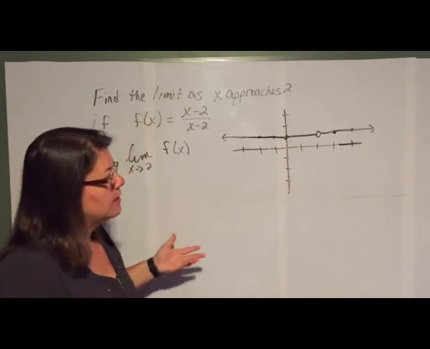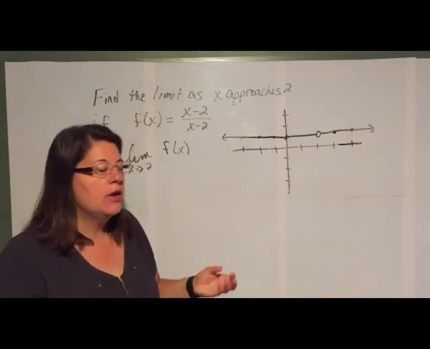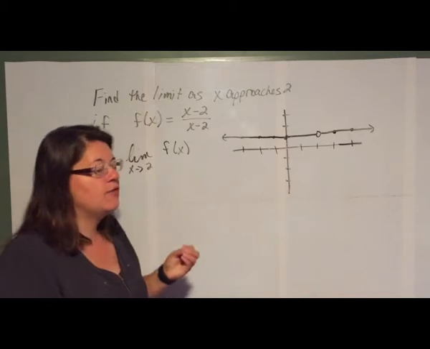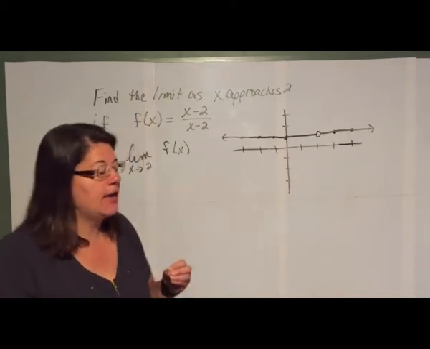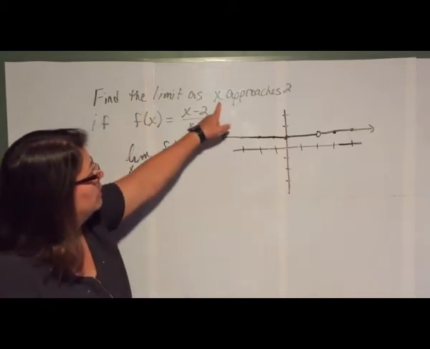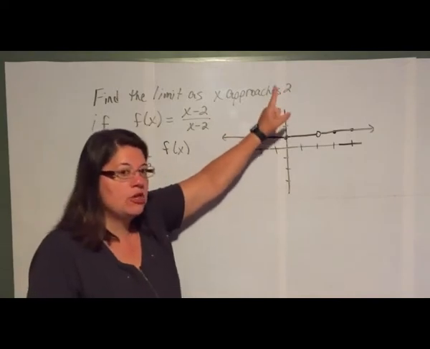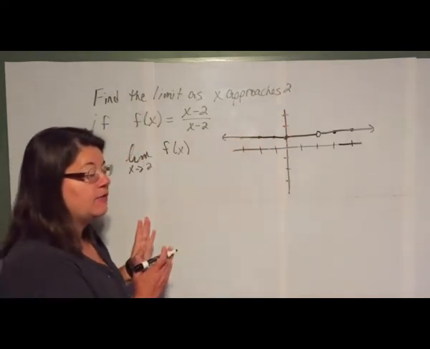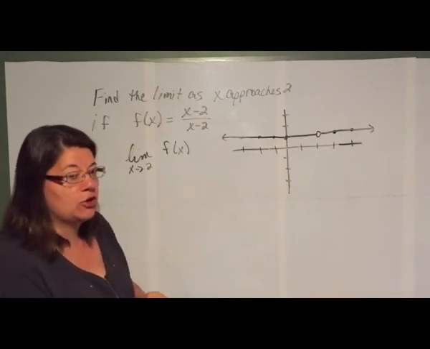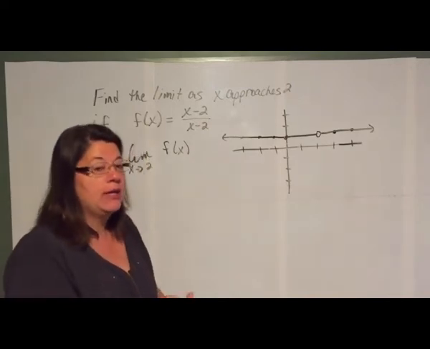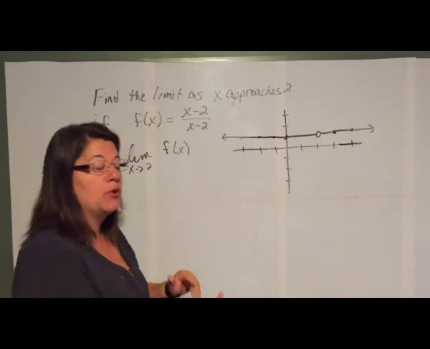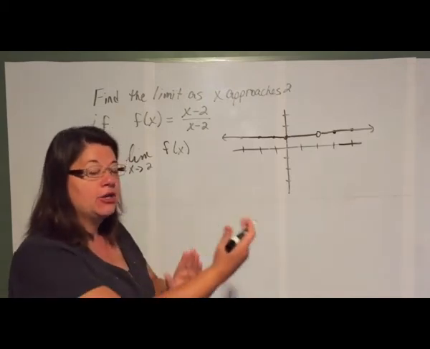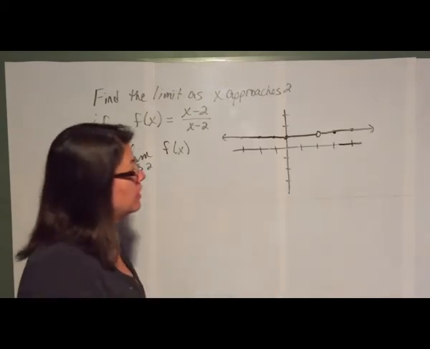Well, when we're talking about considering the limit, that doesn't matter because we just have to make sure that the limit, as we approach x equals 2, is the same on the left-hand side of 2 and the right-hand side of 2, or that that y value is the same as we approach 2 from the left and 2 from the right. So let's look at that.